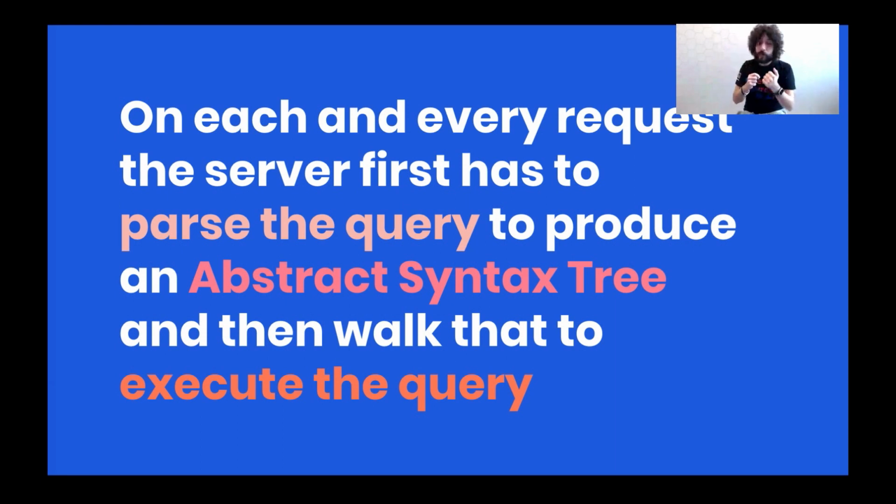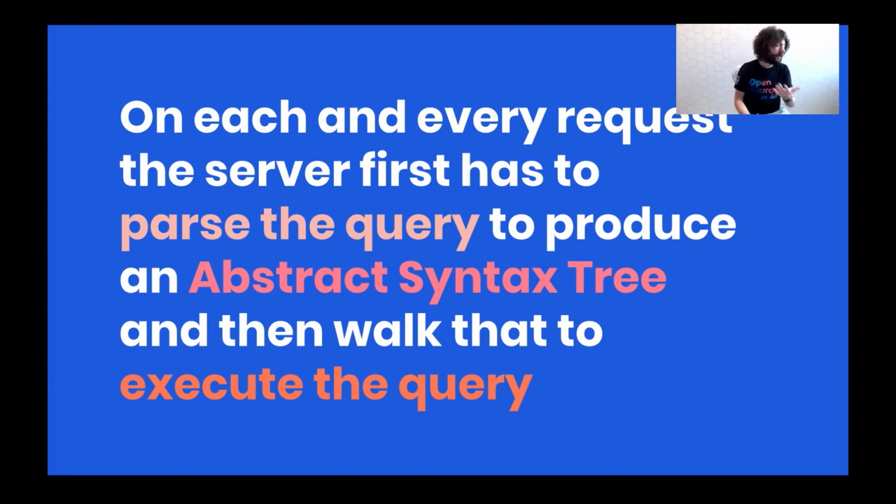The first time is for validating that the query can actually be executed against your schema, and the second is to actually execute the query itself. So essentially, it's a lot of navigation of this very complex data structure that's costing a significant amount of CPU time. We were not surprised to find this when we started our analysis.